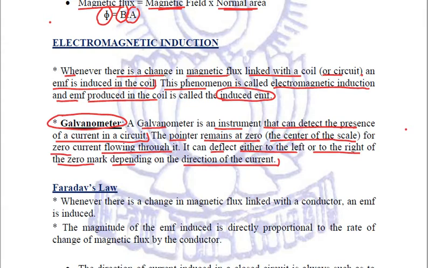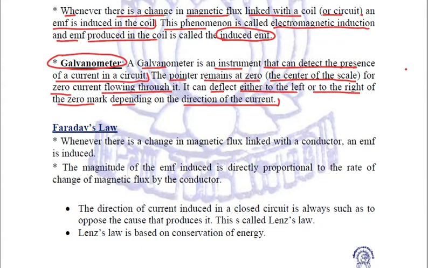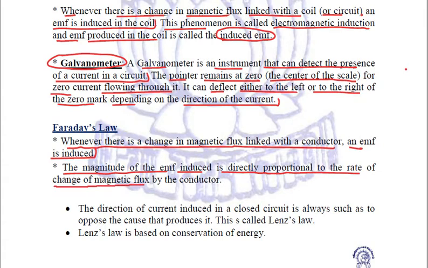Okay, let's talk about Faraday's laws. Whenever there is a change in magnetic flux linked with a conductor, an EMF is induced, and the magnitude of the induced EMF is directly proportional to the rate of change of magnetic flux.